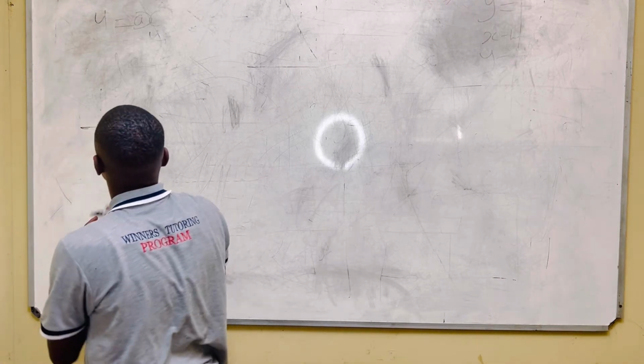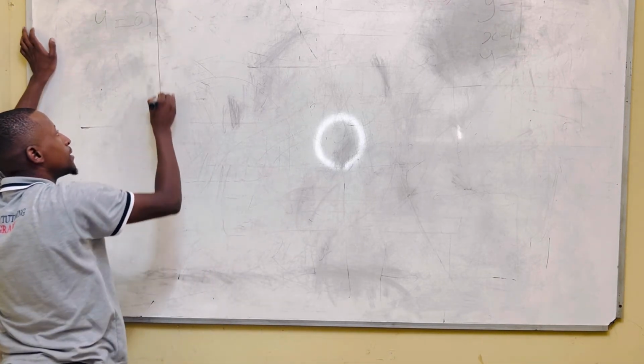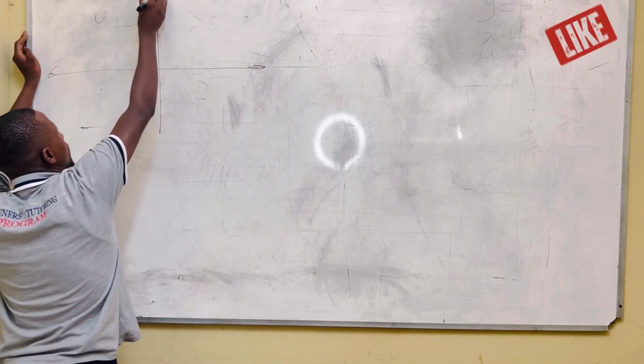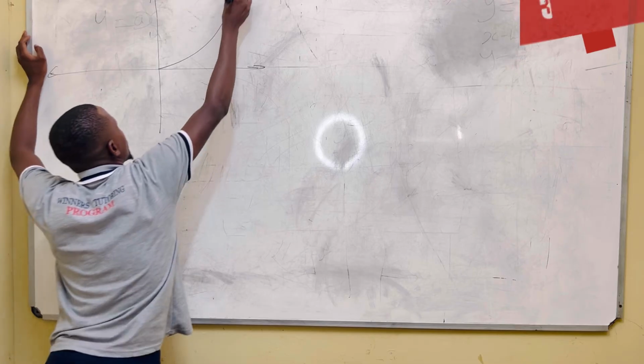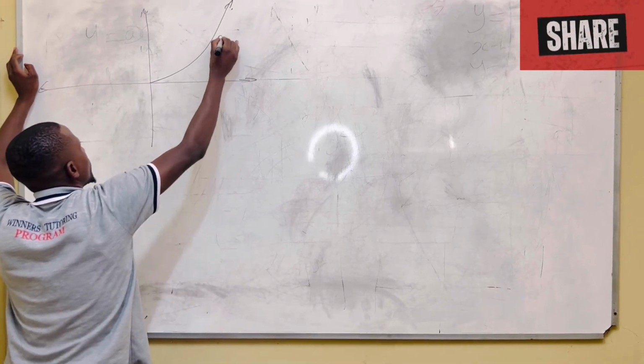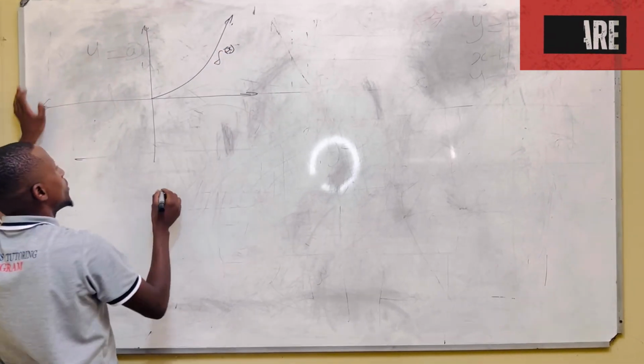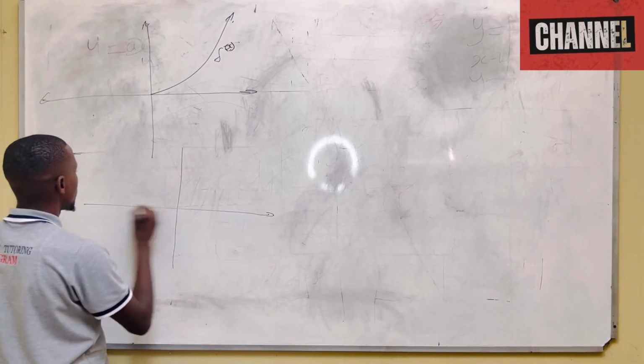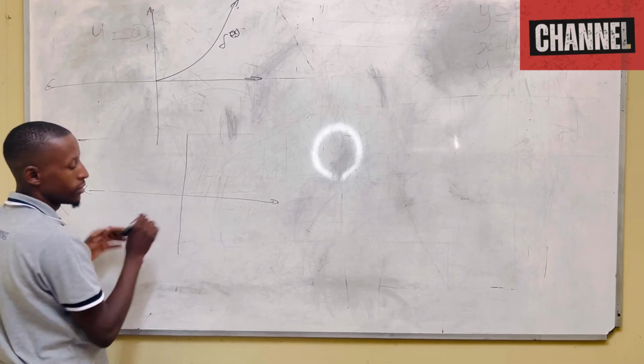So let's assume that this is our function f of x. Its inverse, remember I said, is going to be this one.